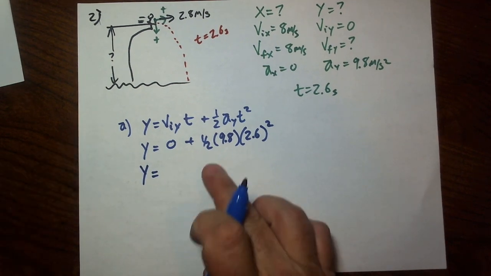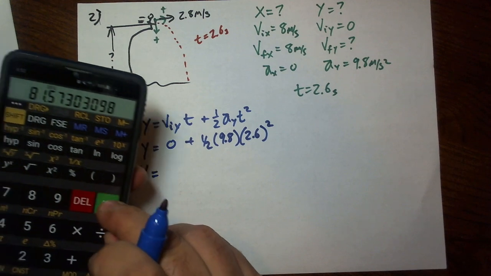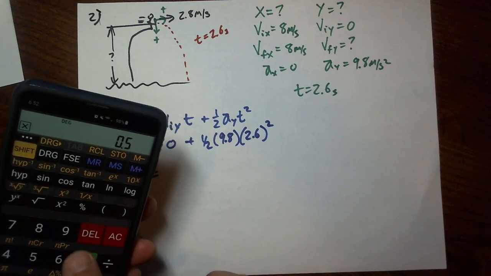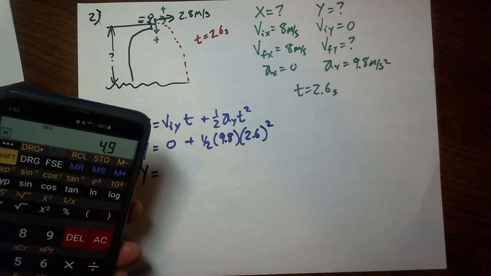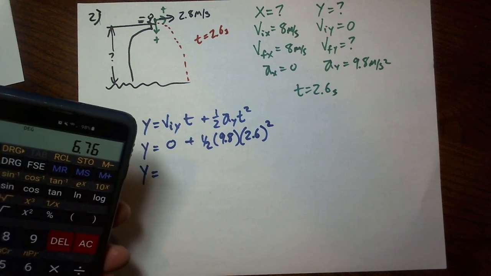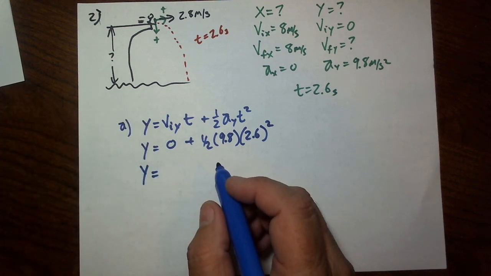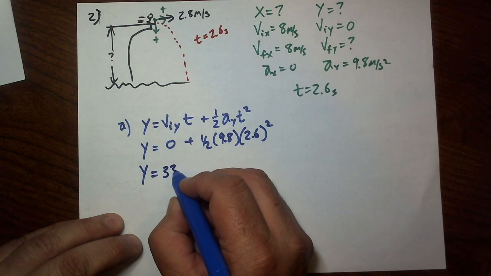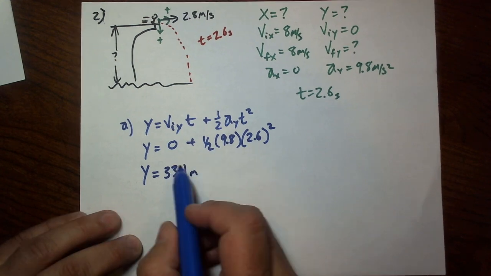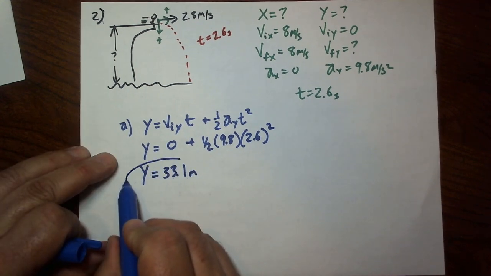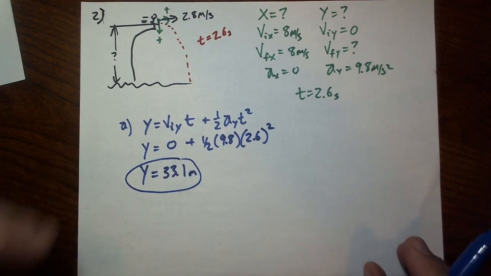All right, that looks like 1/2 times 9.8 times 2.6 squared, which is 0.5 times 9.8 times 2.6 squared equals 33.1. We'll keep the extra digit, 33.1 meters. That's 3 times as high as any Olympic diving platform.